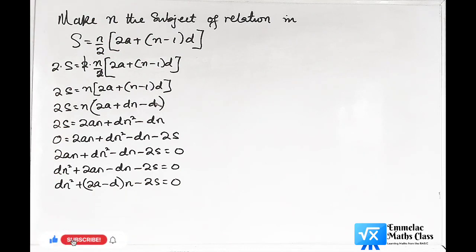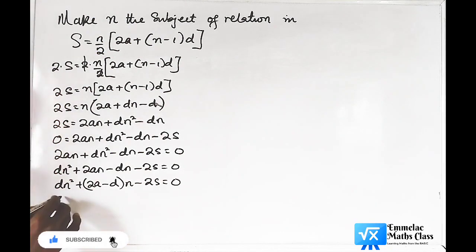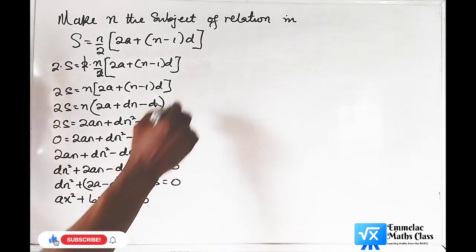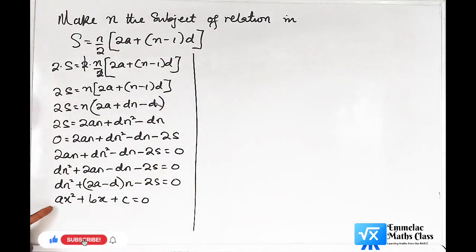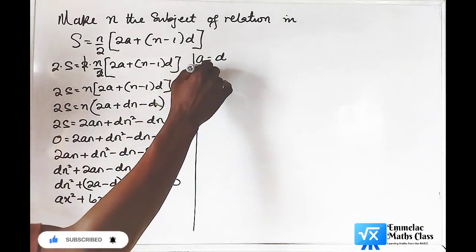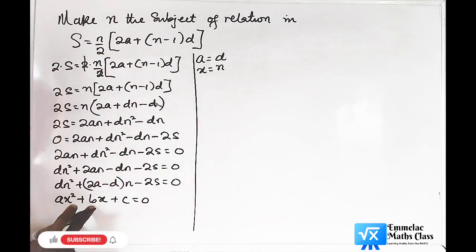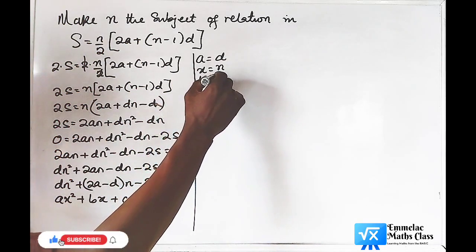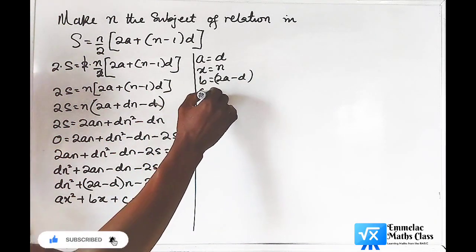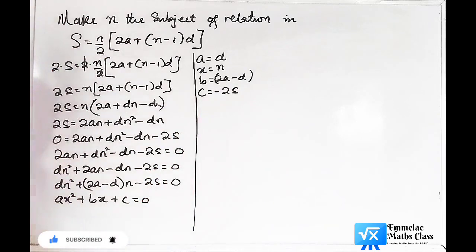Alright, so if you look at this, it's just like a quadratic equation, which is ax squared plus bx plus c equals what? 0, which implies here that a equals d and x equals n, then our b equals 2a minus d in bracket, then our c is minus 2S.